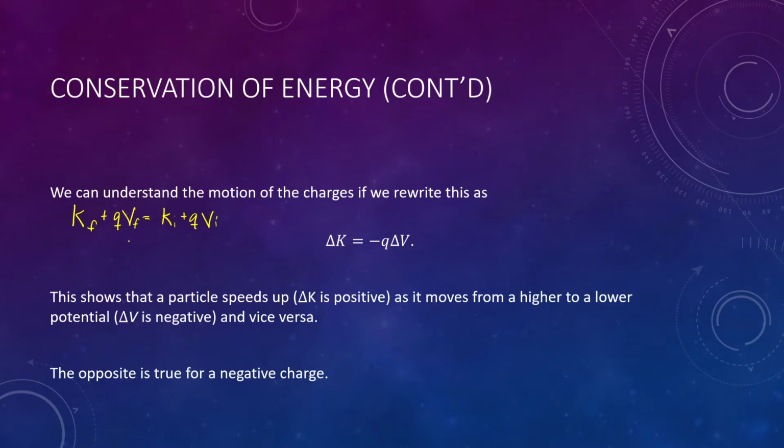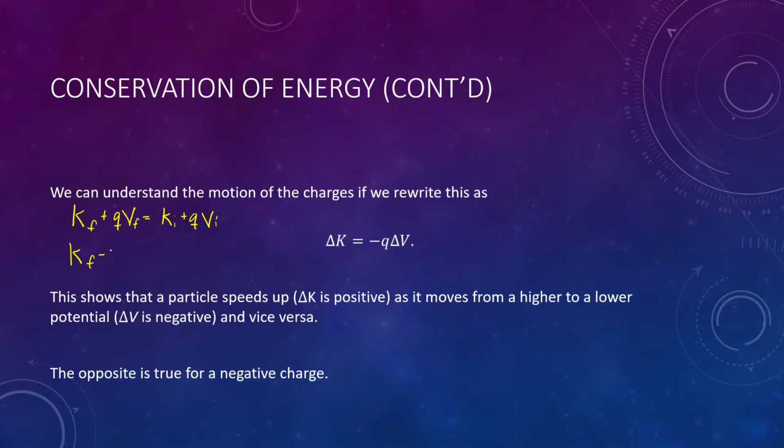So first of all, we know that delta means final minus initial. So let me subtract K initial over to the left-hand side to give me delta K. All right, so I subtracted K initial over to the other side. Let me write this out in full so that you can see the entire process. So without using delta symbols yet, let me just show all of it.